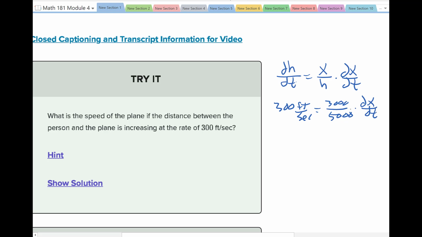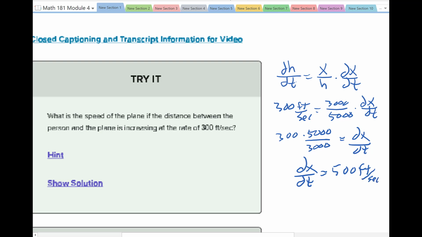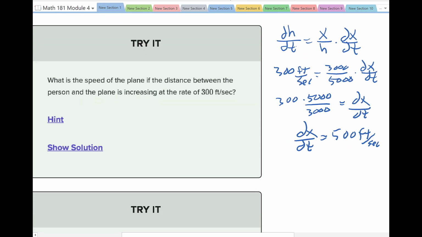And so if we multiply by the reciprocal, 300 times 5,000 over 3,000 is equal to our dx dt. So dx dt would be what? 500 feet per second. And that's it. Okay, moving on here.